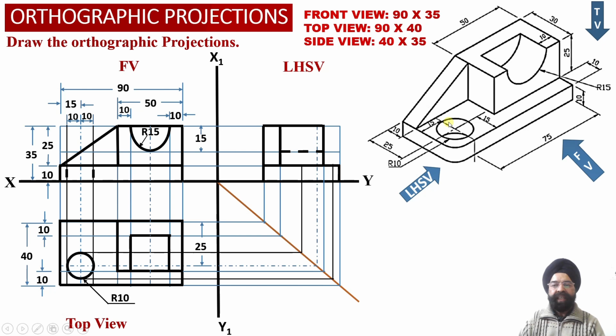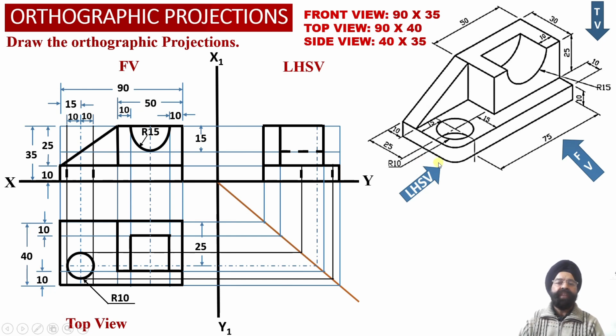And finally, this hole is also not visible to the observer from the left hand side view. So we are going to obtain dotted line projections corresponding to these two extreme ends of the diameter over here. The extreme ends of the diameter we have already obtained. So now we are able to obtain hidden line projections corresponding to the circular hole which is not visible to the observer from the left hand side view over here.